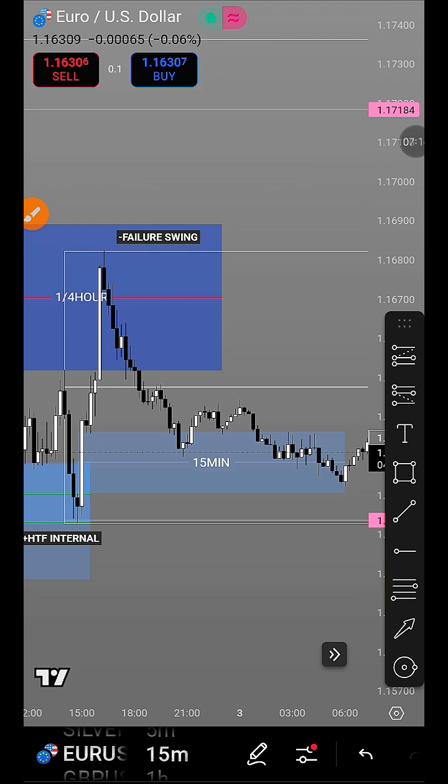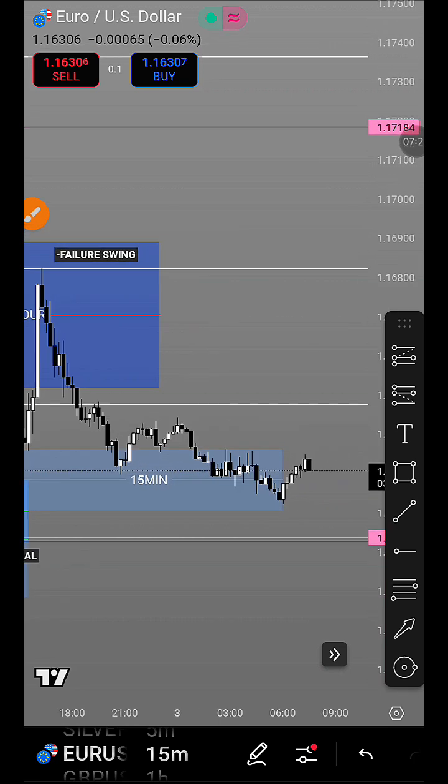What are we getting right now? We can see price traded into a 15-minute bullish FEG, right? And if you look at the 50% level of that, you can see that at the moment it is actually getting respected, right? Not by a lot, but it is getting respected.